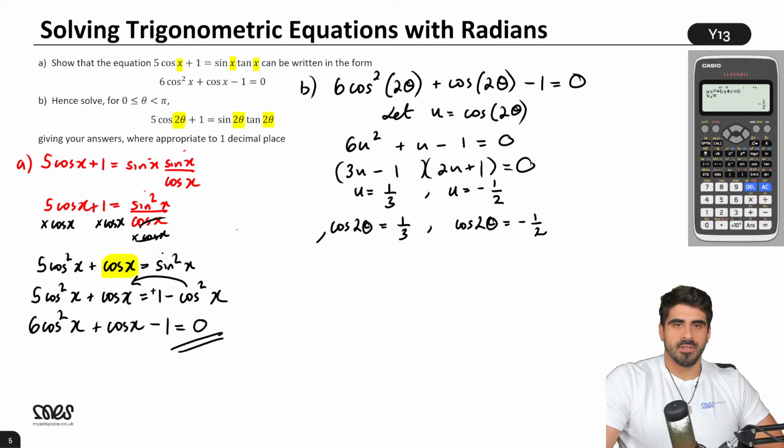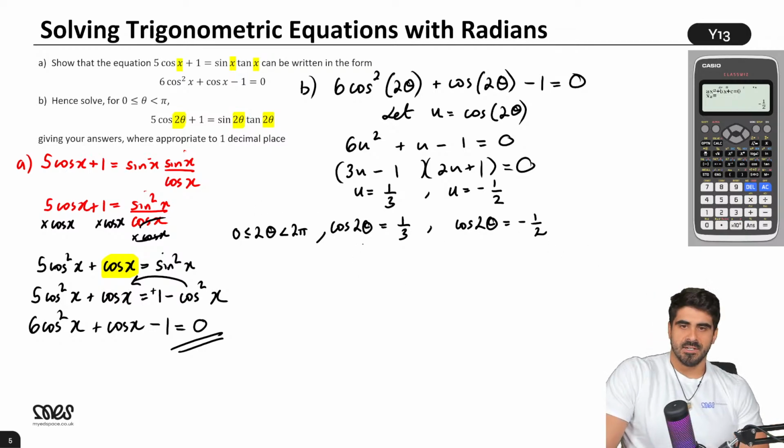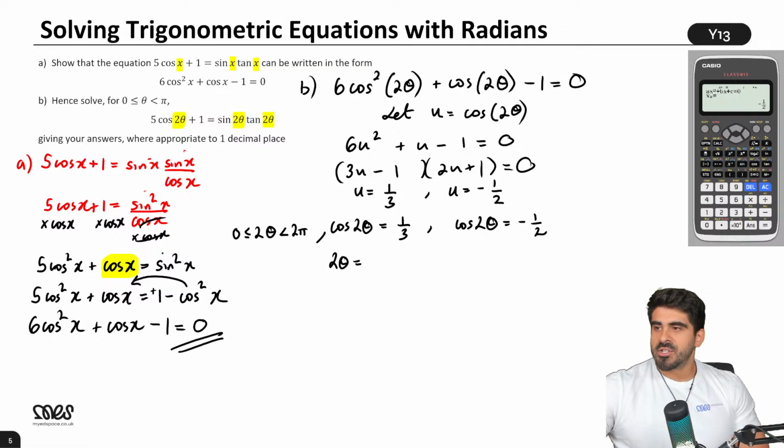We're going to double everything. 0, 2 theta, and 2 pi. This is a standard range. It's like 0 and 360, right? And now we're going to do inverse cos. So we get 2 theta is, and remember, we're going to store our values. So inverse cos of 1/3. Store that as A, because we're going to half it later. Do not half it now.